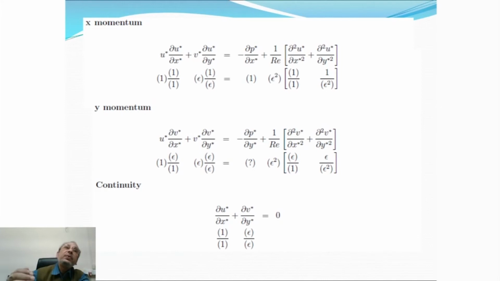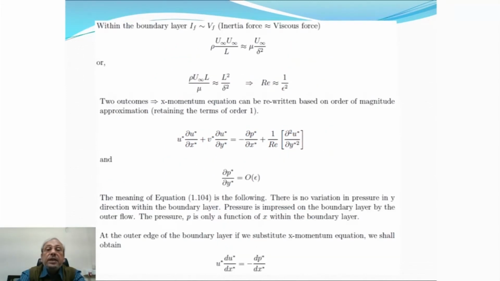High Reynolds number flow means, since Reynolds number is the ratio of inertia force to viscous force, the inertia force is much higher than the viscous force. But within the boundary layer, the orders of viscous force and inertia force are the same. So within the boundary layer, the inertia term we can write as rho U del U del X. Order of U is U infinity.